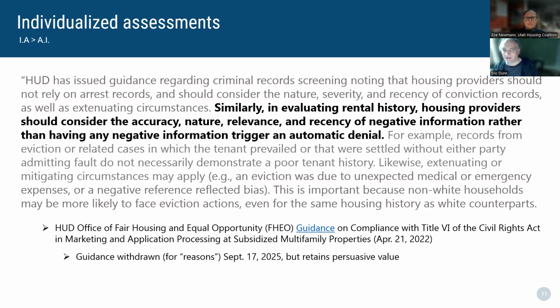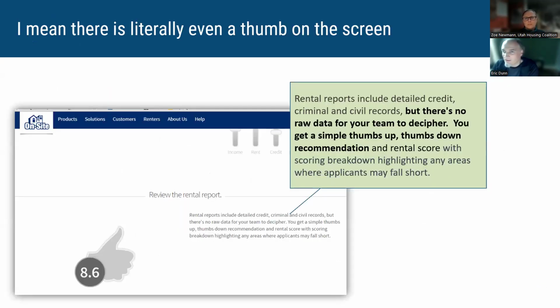Look at things like the accuracy, the nature, the relevance, the recency of all this negative information, and make an informed judgment based on the totality of circumstances and not just using these automatic you're-in-or-you're-out type processes.